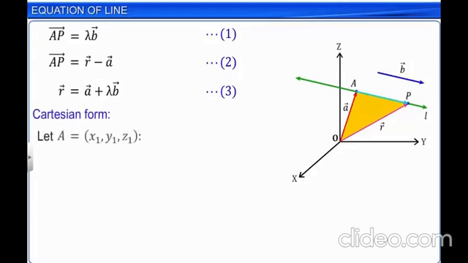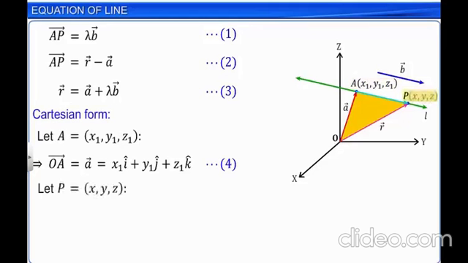Let the coordinates of point A be x1, y1, z1. Thus, we can write the position vector of point A as shown. Similarly, let the coordinates of point P be x, y, z. Thus, we can write the position vector of point P as shown.